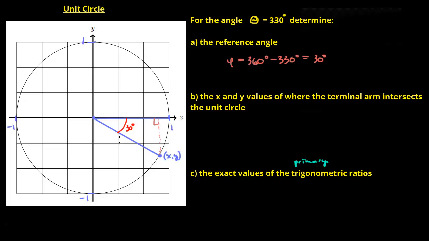And let's think about this. We know that since this is a unit circle, it has radius 1, so that means that this distance is 1. Now since this angle is 30 degrees and this is 90, that means that this angle right here has to be 60 degrees. Now we have a 30, 60, 90 triangle, which is a special triangle.